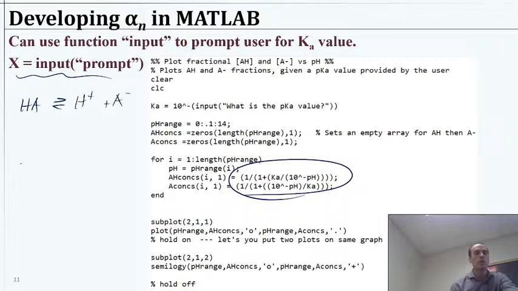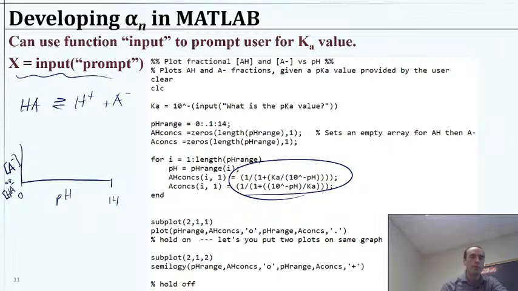What I might want to do is plot as a function of pH going from 0 to 14. Maybe I want to plot the amount that is in one fraction or the other. So I could say the concentration of A minus or HA, the concentration of whichever species.